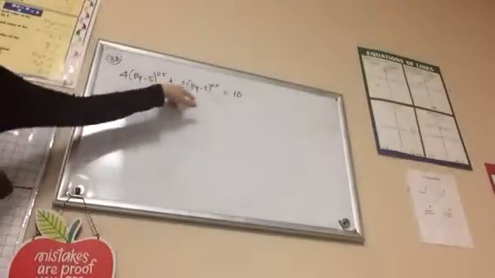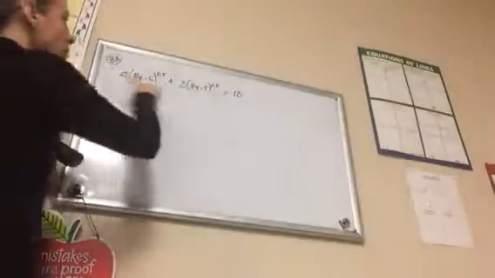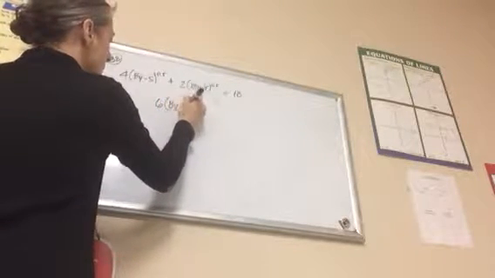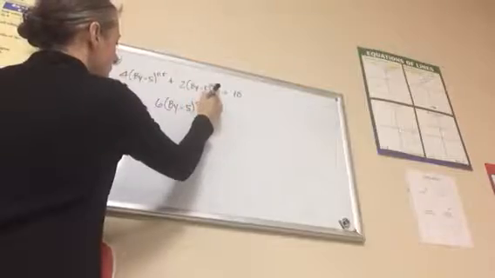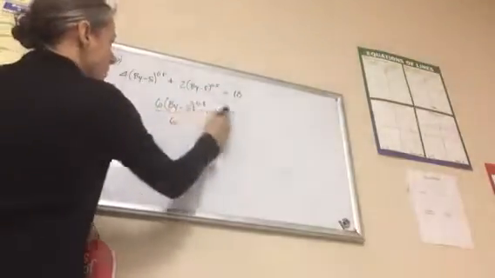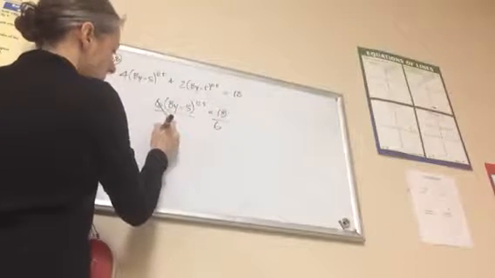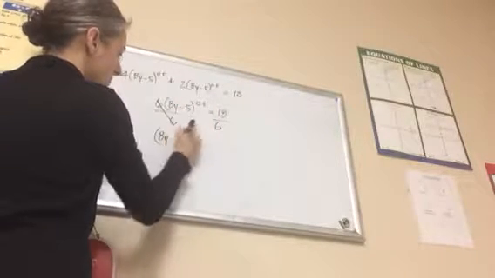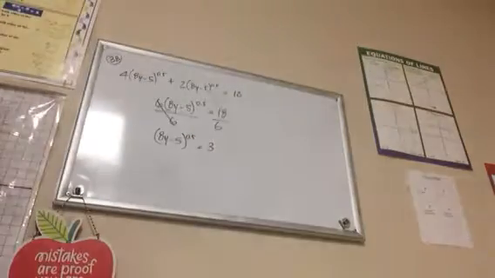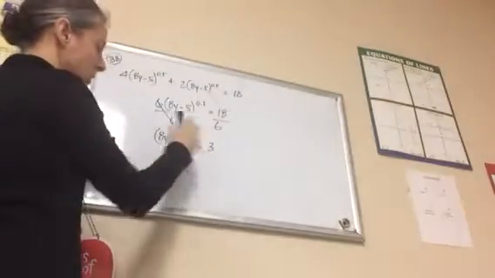Because these two are identical and their exponents are identical, we can add them together and we get 6 times the (8y minus 5) to the 0.5 power. Now let's divide both sides by 6, and we'll have (8y minus 5) raised to the 0.5 power equal to 3. How do we get rid of this?